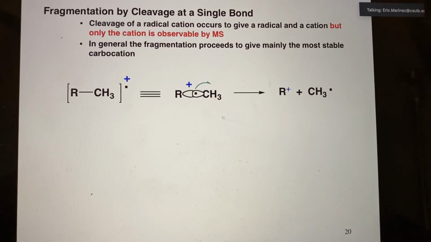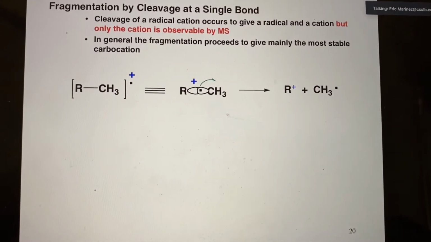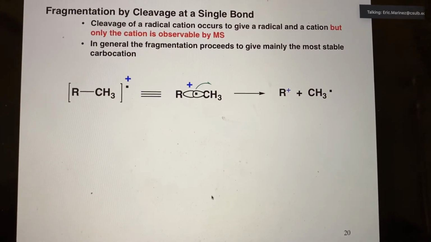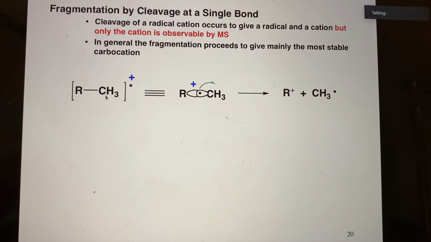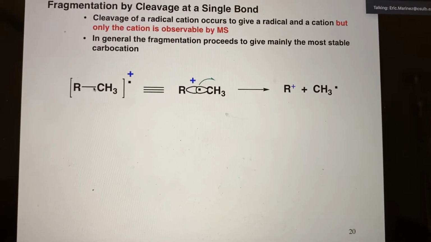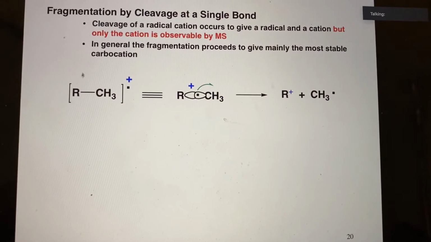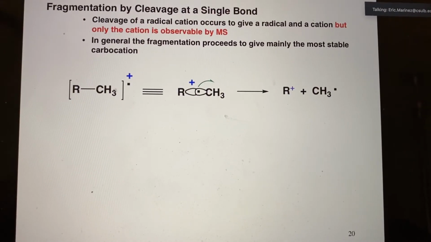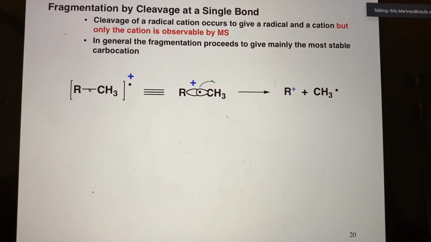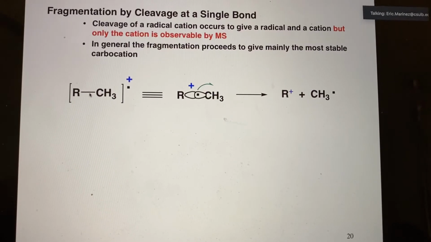So this gives me the first example. Cleavage of a radical cation occurs to give a radical and a cation. Let's look at an alkane. In this alkane, I have a hydrocarbon that has only sigma bonds. Often, and Sorel does this, he'll show the radical cation in this fashion. The difference I'm asking you to make is to specifically show me where we lost that electron.